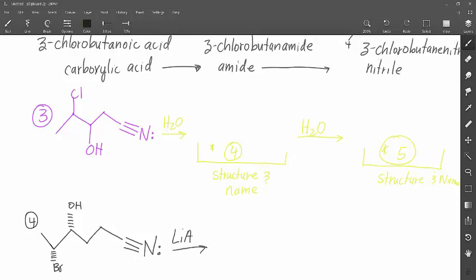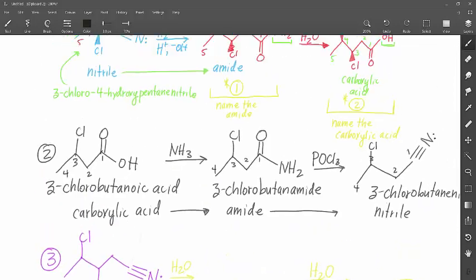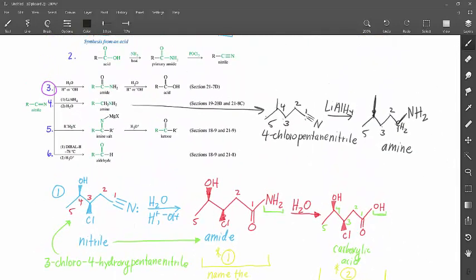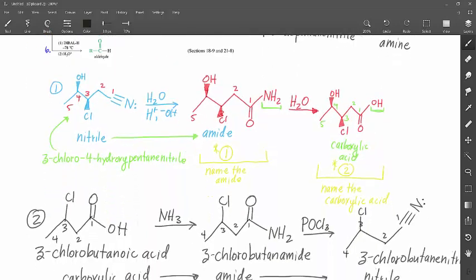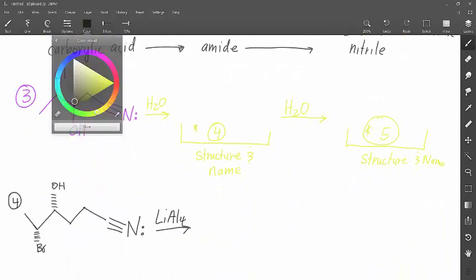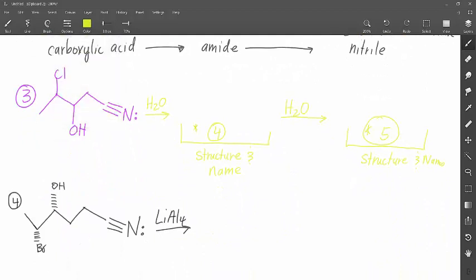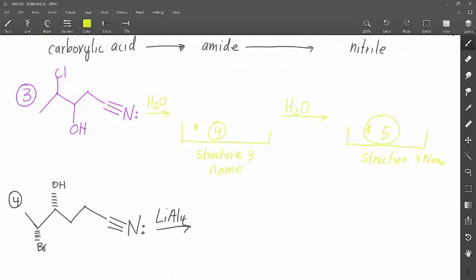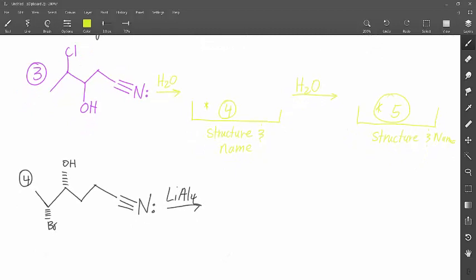Lithium aluminum hydride. And the answer you will give me here is the name.